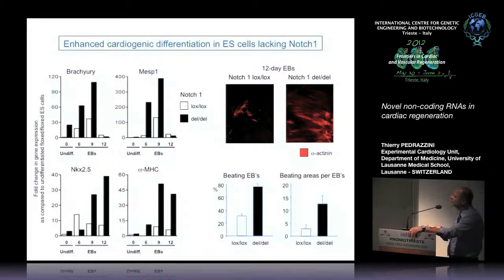It's early on because they have more commitment to the mesodermal lineage, and more specification, and maybe more differentiation, and at the end you have maybe a more mature cardiomyocyte, and if you look at EBs, you have more beating EBs, more beating area per EB. So Notch is basically in these cells an inhibitor of cardiogenesis.